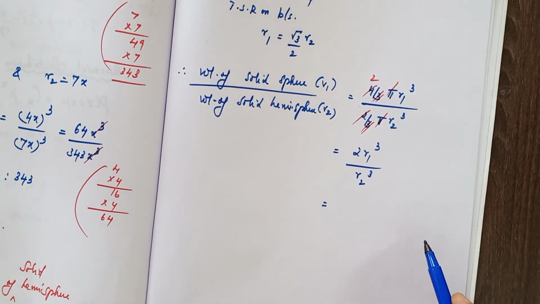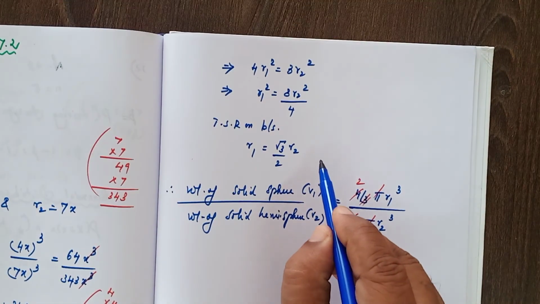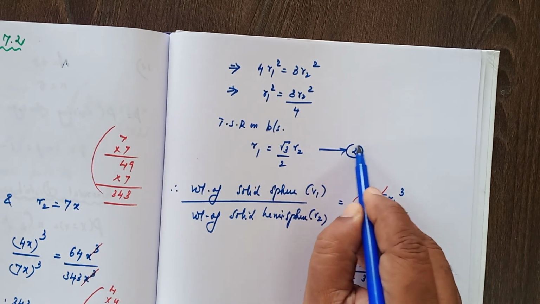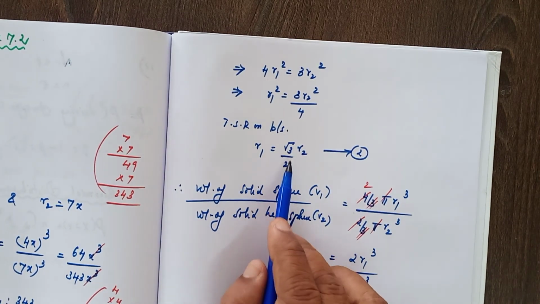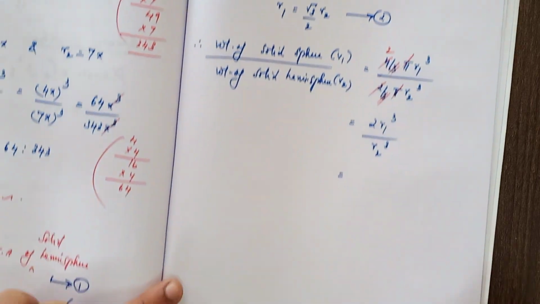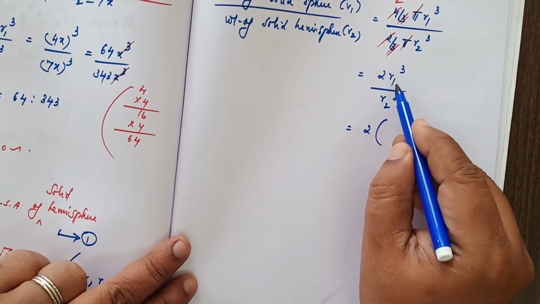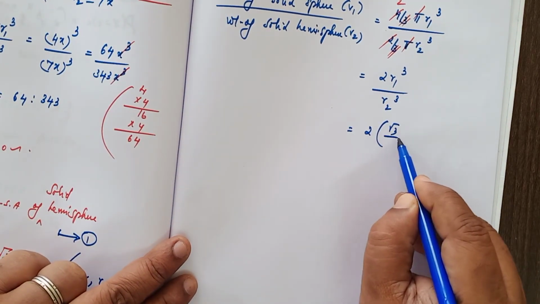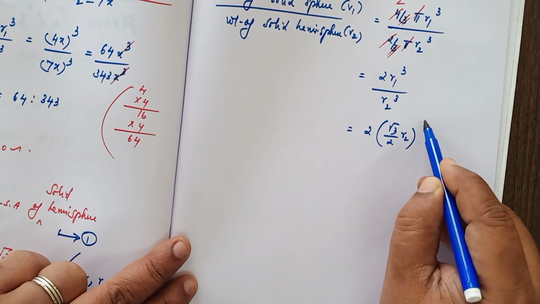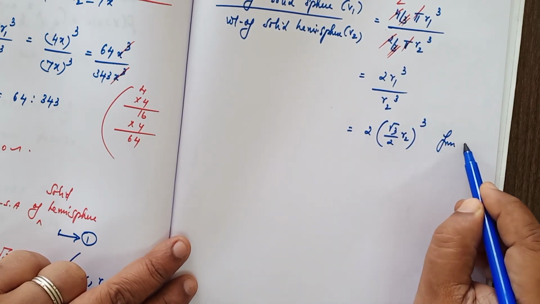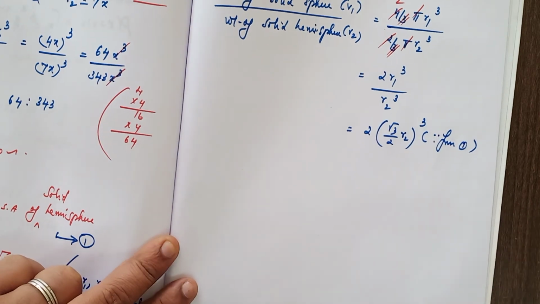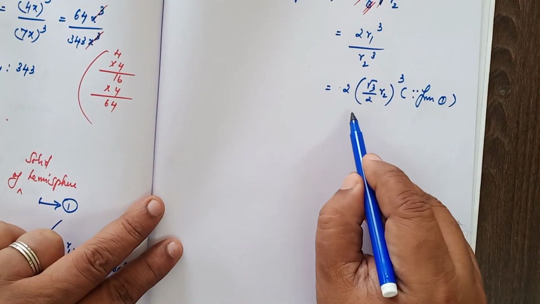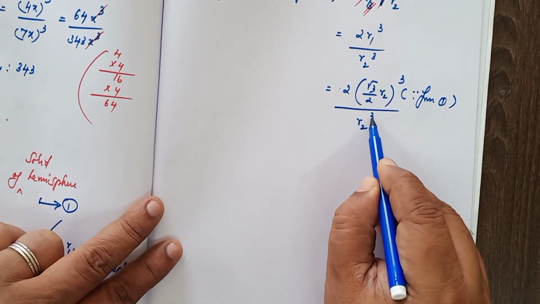I consider this as equation number 2. So r1 can be replaced by root 3 by 2 r2. So 2 into r1, that is root 3 by 2 r2 whole cube. It is taken from the first equation. Divided by r2 cube as it is.